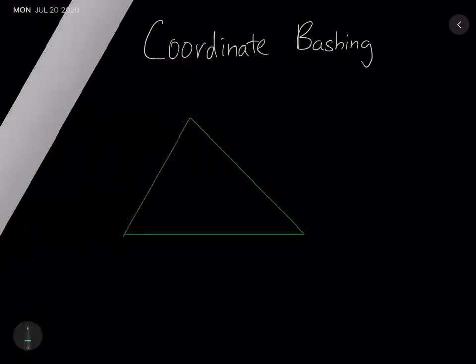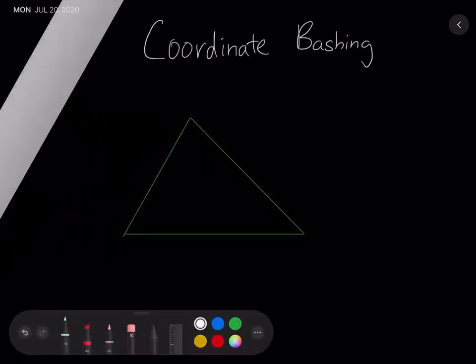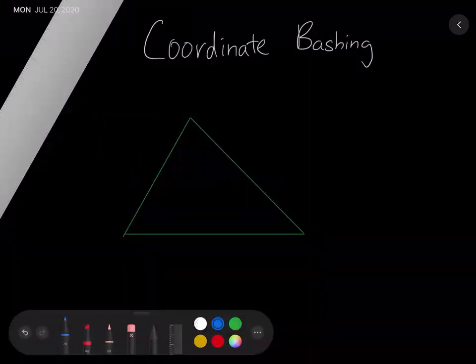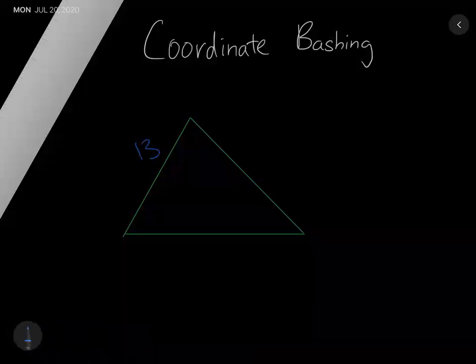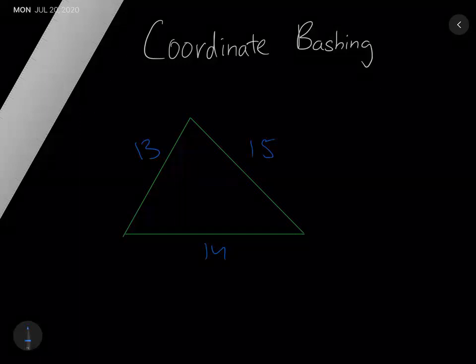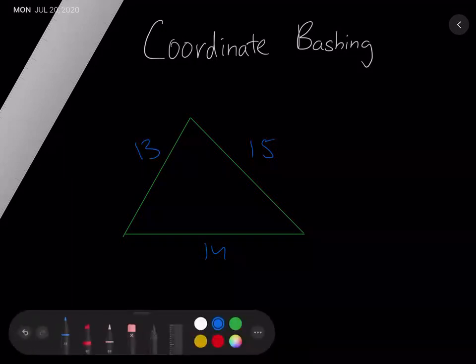Let's just say, for hypotheticals, that this side length is 13, this is 14, and this is 15. Now let's say we want to find the centroid of this triangle. Just say that's right about here.